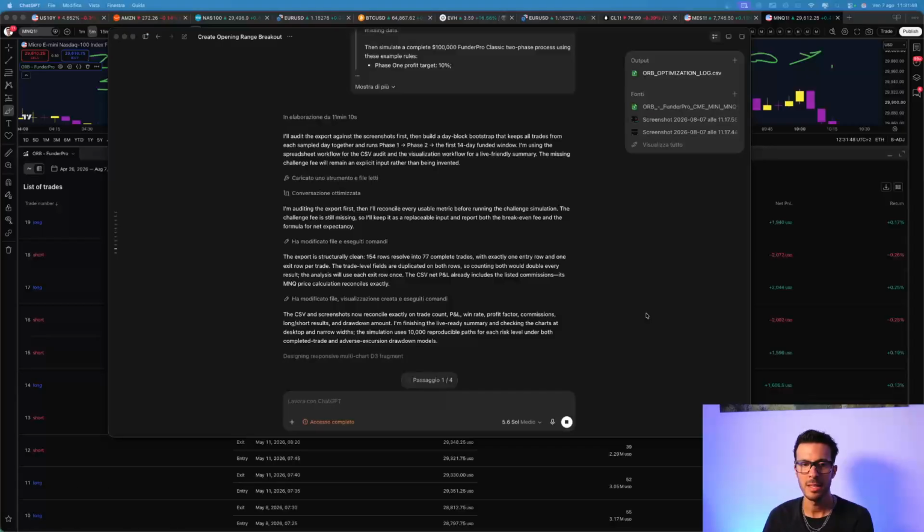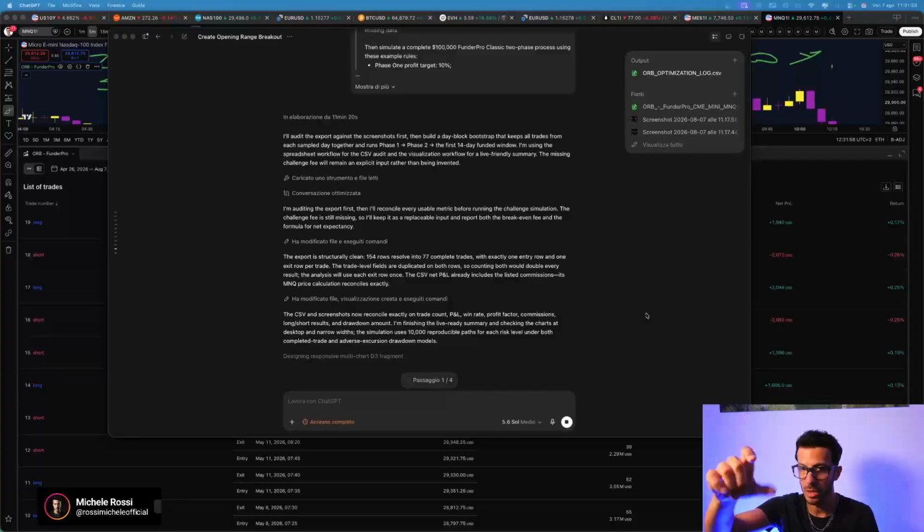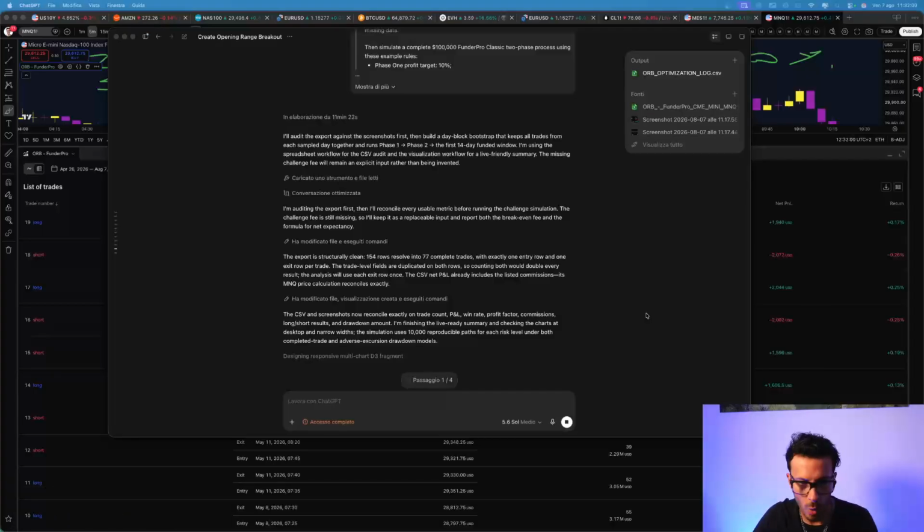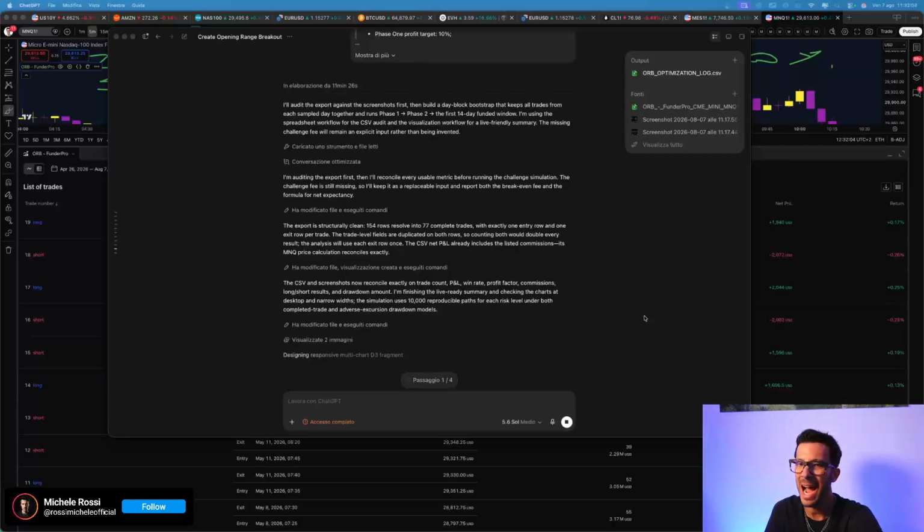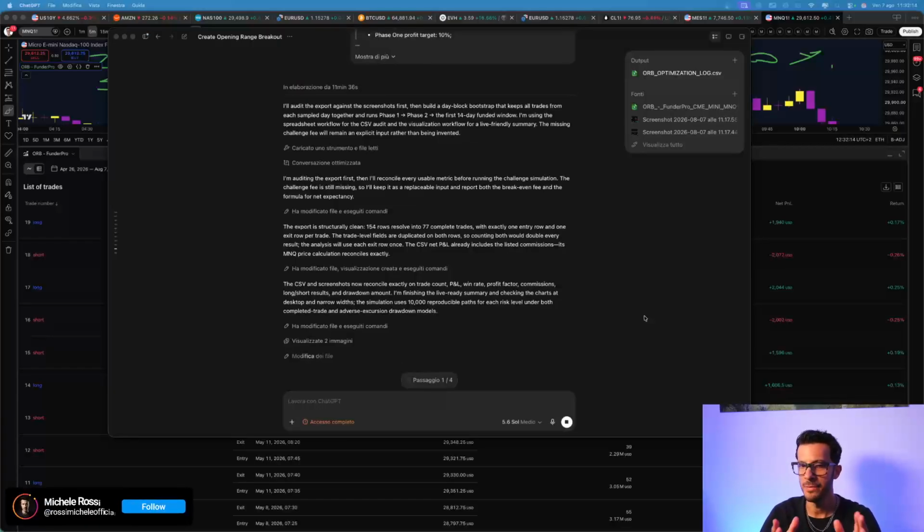Intermarket says Nasdaq is good to go up. Sentiment is greedy, so the Nasdaq is going to go up. Technical, we have the ORB having a breakout above the range. We're going to go buy. This doesn't mean we're going to win, but we have a higher probability that we're approaching the market in a very logical and reasonable way.